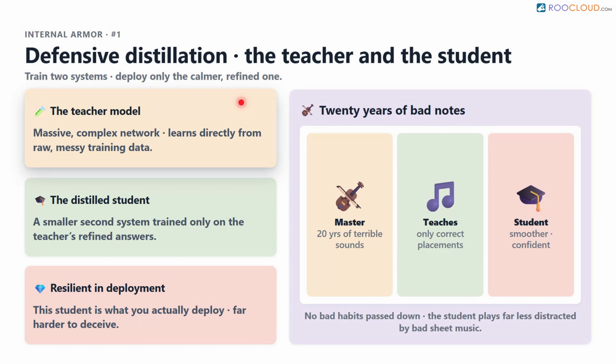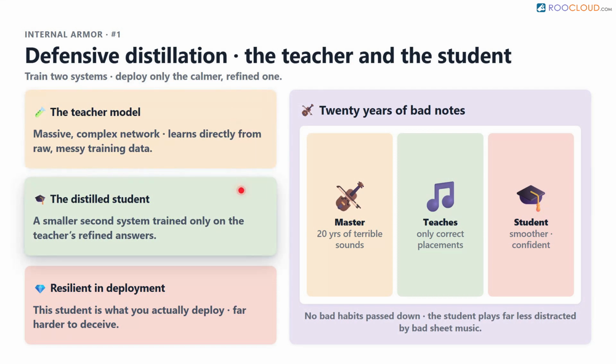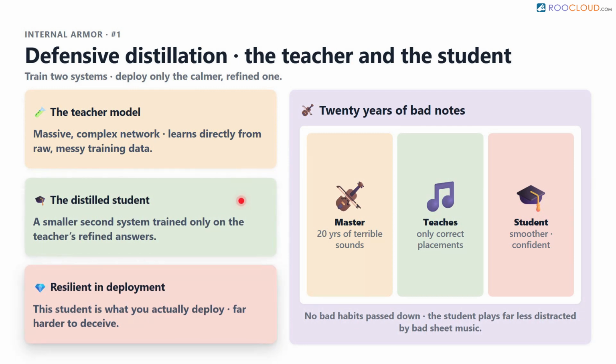Once the teacher is highly accurate, engineers take its perfectly refined answers and use them to train a second, smaller system called the distilled model. This distilled model is what you actually deploy for daily use. Because it learned from pure, confident answers rather than chaotic raw data, the distilled version is incredibly resilient.